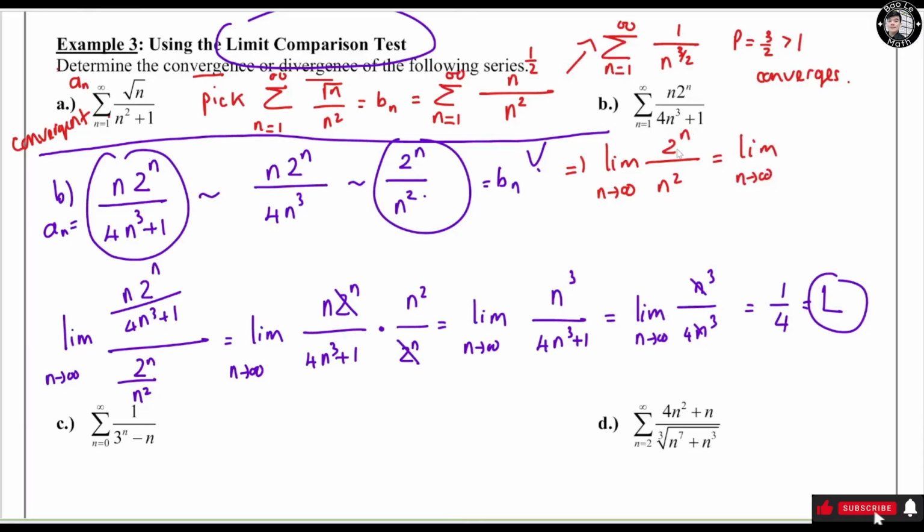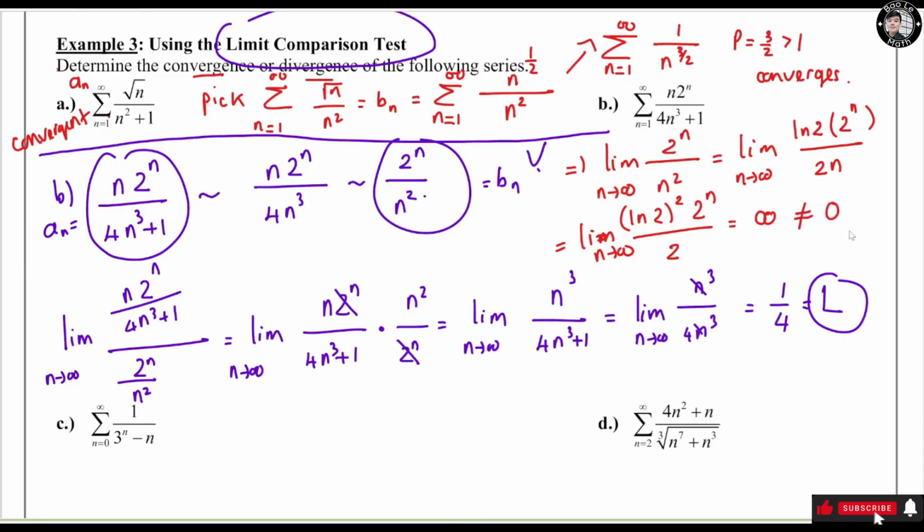The derivative of this one is going to be ln of 2 times 2 to the n over 2n, and it's still an indeterminate form. So we're going to use L'Hôpital's rule one more time. So it could be ln of 2 all squared times 2 to the n over 2. So this is actually infinity, not equal to 0. So by the n-th term test, this limit right here diverges. So if this diverges, the original one right here diverges.